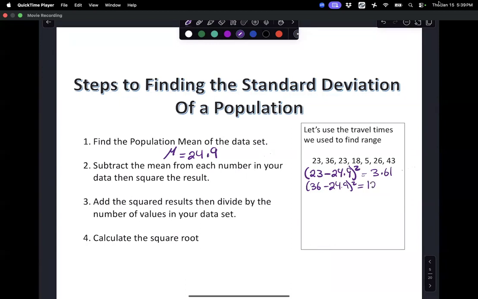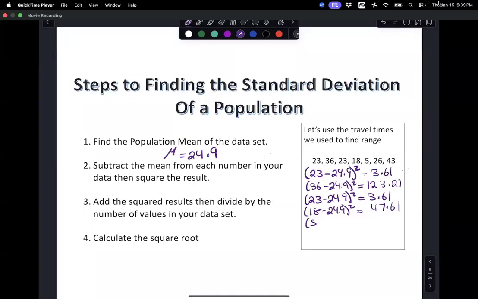123.21. We already have the 23, so I'm going to write it again, but then I'm just going to steal the number from up there. Then I have 18 minus 24.9 squared: 47.61.